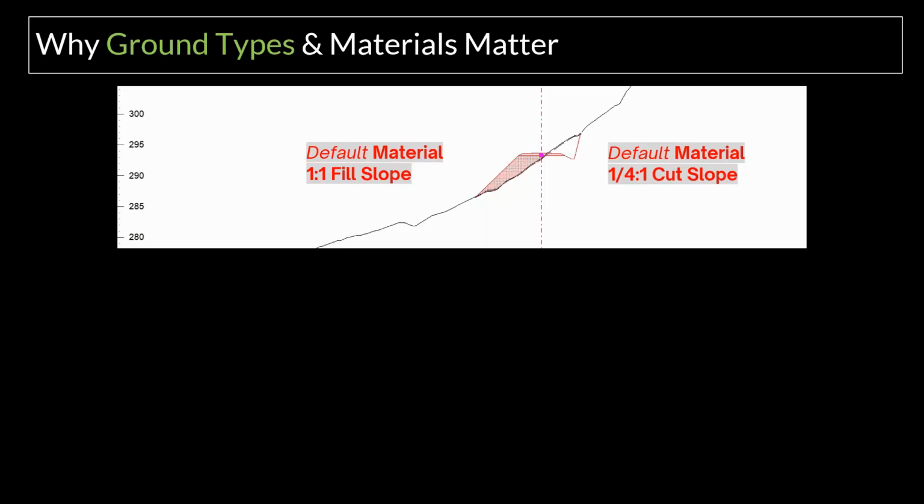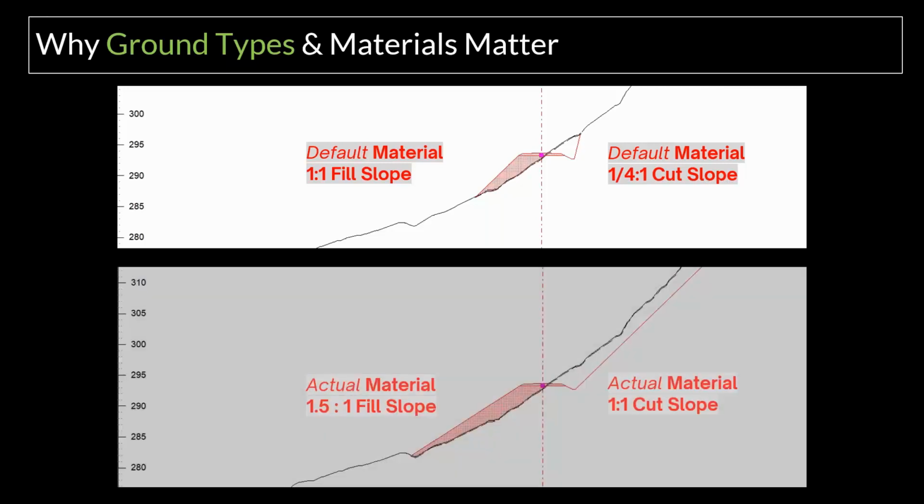So here I've got a cross section where we're going along at the default settings. And if that's appropriate, great. If we'd be better off with a cut slope here of 1:1 and a fill slope of 1.5:1, that is an enormous amount of work that we haven't accounted for. It might be that the road has to go in another spot. It might be that if there's another spot, the project's no longer feasible.